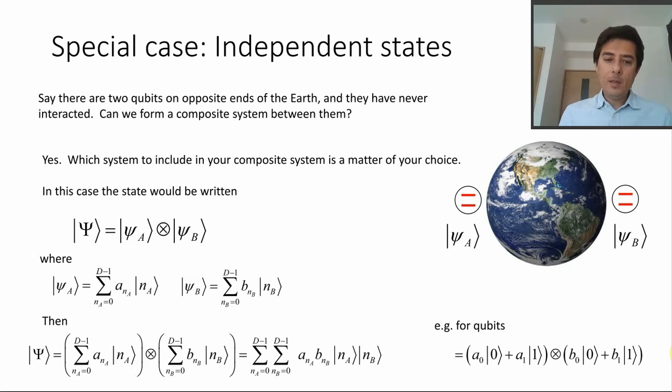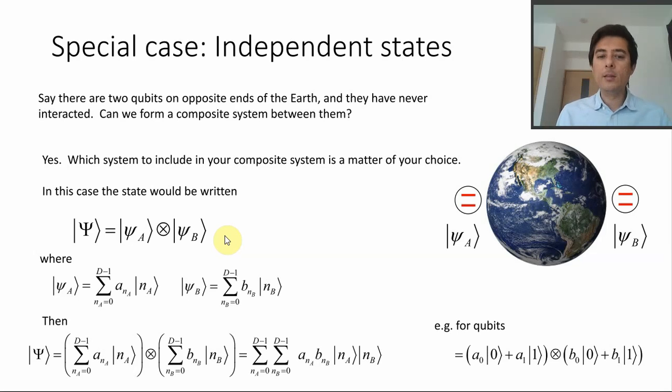And it turns out the reason it's up to your choice of what you want to include in the system is because for these types of independent states, it doesn't actually matter whether you include it there or not.